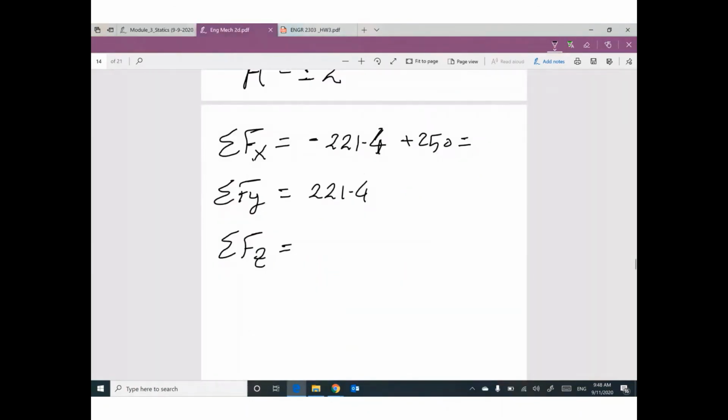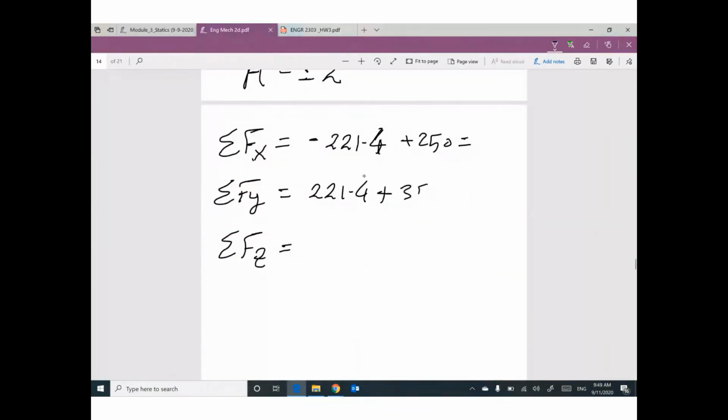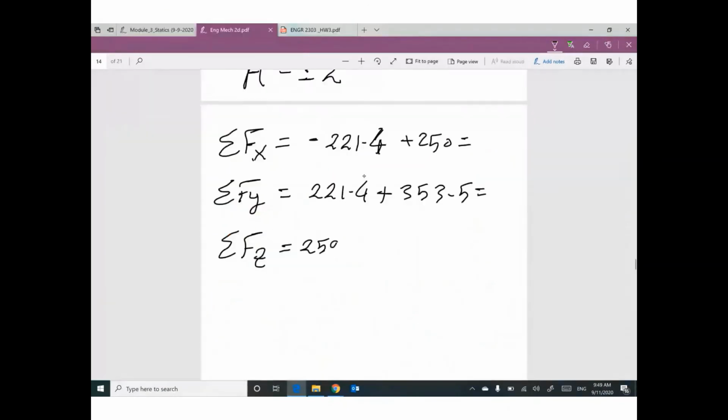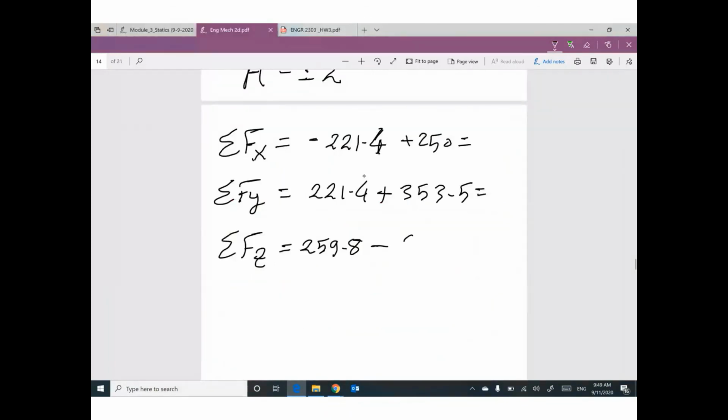Y component here, 353.5. Z component, 259.8. And Z component here, negative 250. You can get your values.